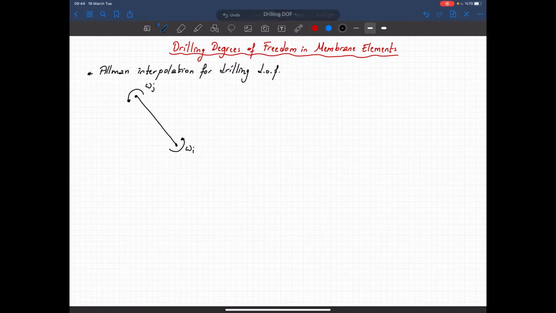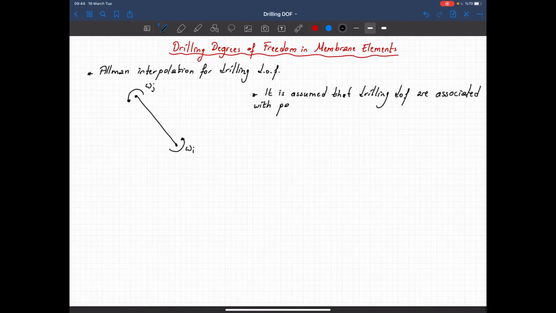So in this interpolation, it is assumed that drilling degrees of freedom are associated with parabolic displacement at element edges.